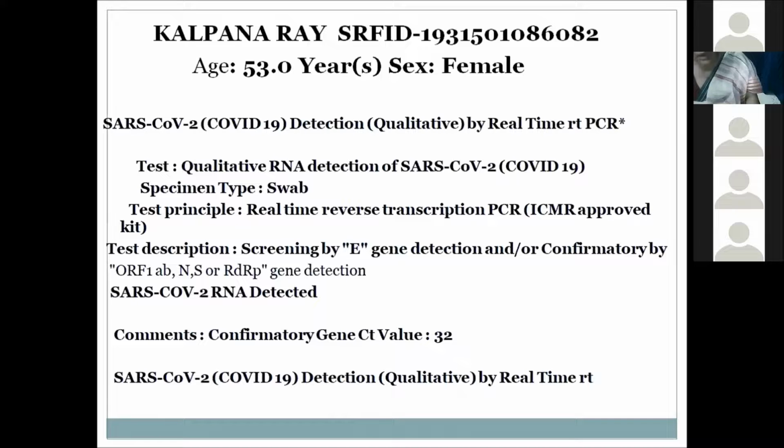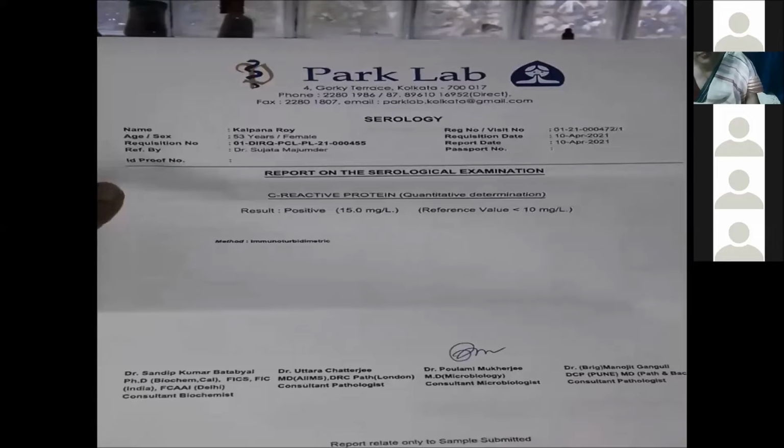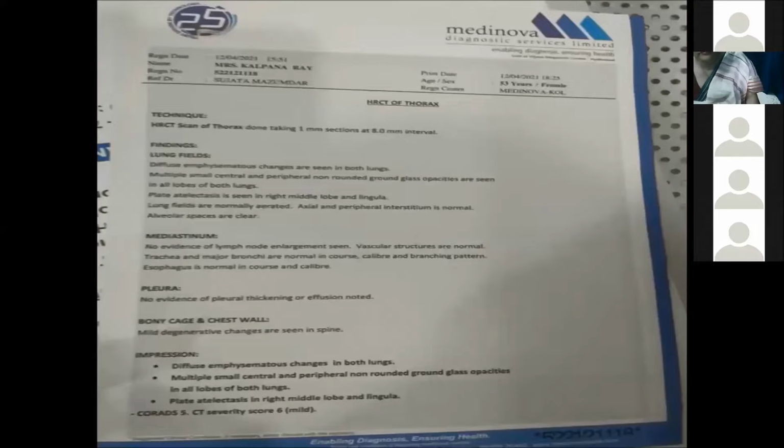It was mild. These are all reports. Hemoglobin, etc. are all okay. This is C-reactive protein, that is 15. This is the CT scan value, it was 6, mild.